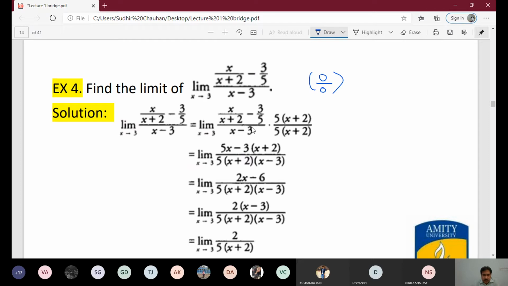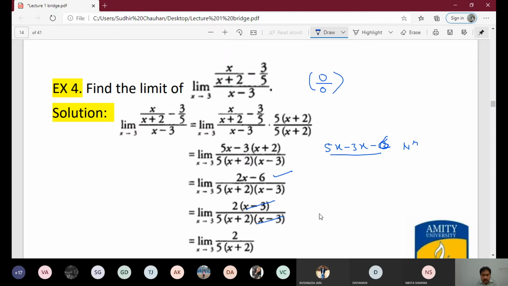As we can see from here, we can take the LCM, then it will be 5x minus 3 into x plus 2, and in the denominator it will be 5x plus 2 into x minus 3. We simplify this, it is 5x minus 3x minus 6. So in the numerator it will be 2x minus 6, and then we can take common 2, and then we can cancel this common factor x minus 3.